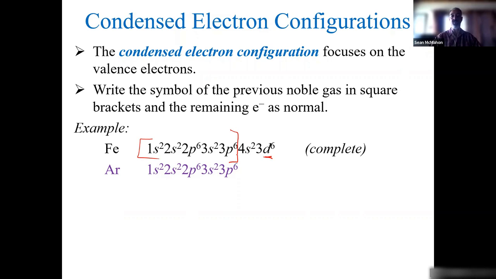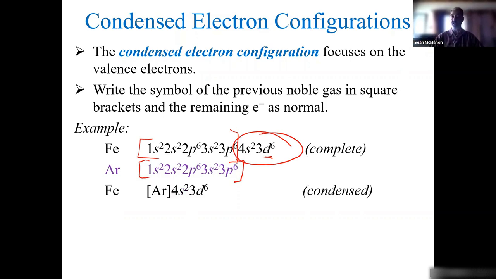So a lot of times what people do is they take those core electrons that are not part of the outer shell and they substitute the noble gas that's in that p6 position. With the case of helium, it would be p2, or 1s2.